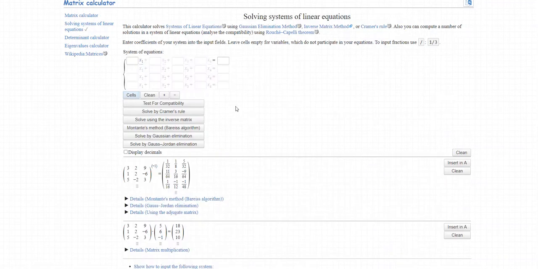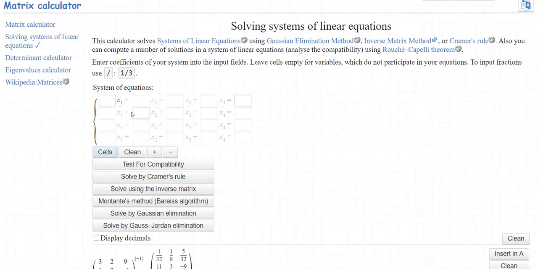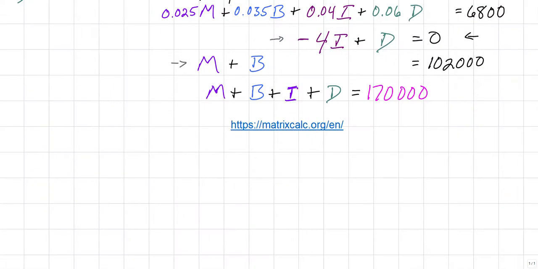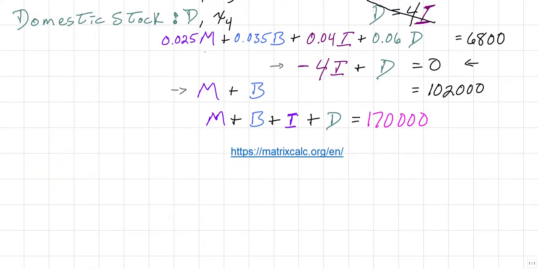If you look very carefully, and let me blow this up a little bit, you'll notice that they have x sub 1, x sub 2, x sub 3, x sub 4, which is one of the reasons that I talked about that previously. So I'm going to make sure that I know that M is going to be x sub 1, B is going to be x sub 2, I is going to be x sub 3, and D is going to be x sub 4.